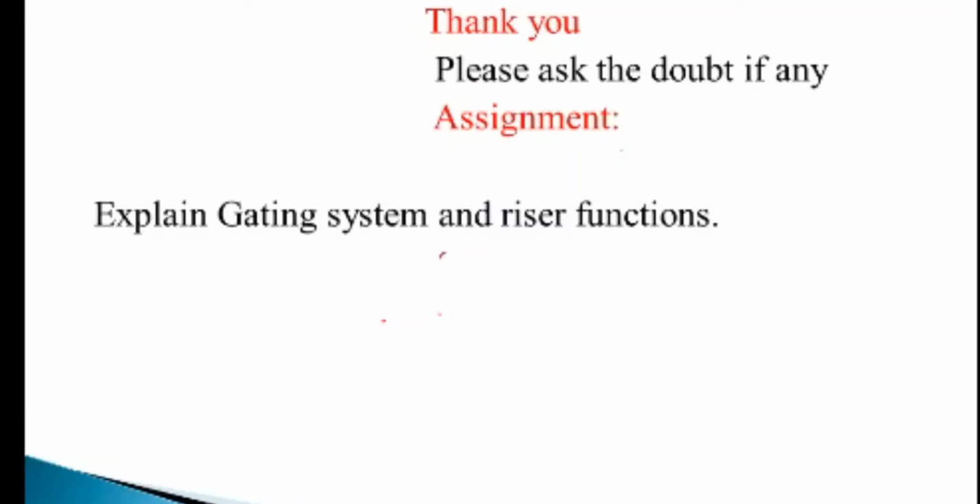There are different types of gating systems, such as horizontal gating system, vertical gating system, top gating system, and bottom gating system. The intermediate gating system gets the benefit of both top and bottom gating.